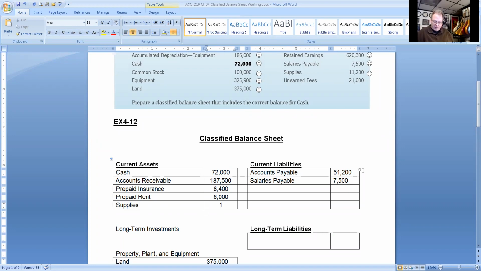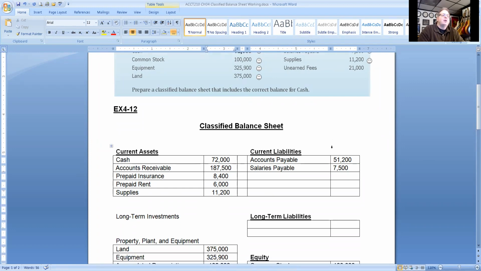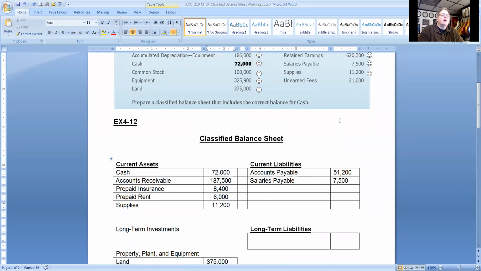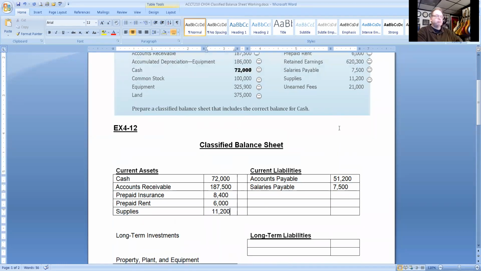Spelling it correctly. And unearned fees.